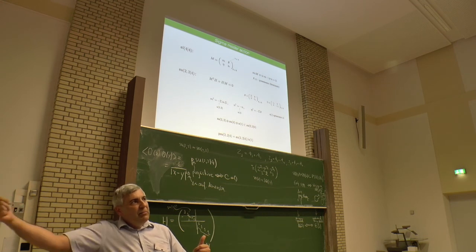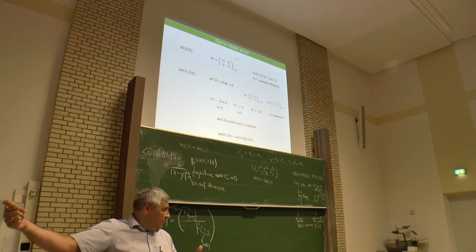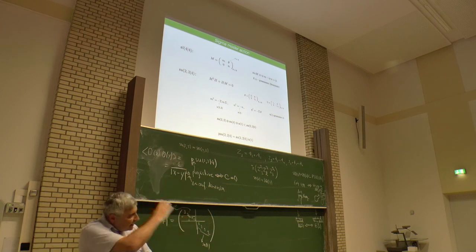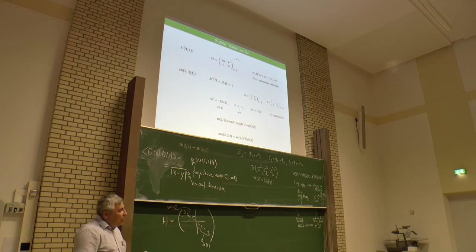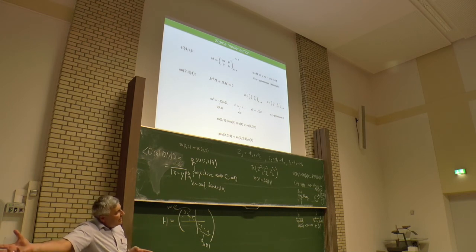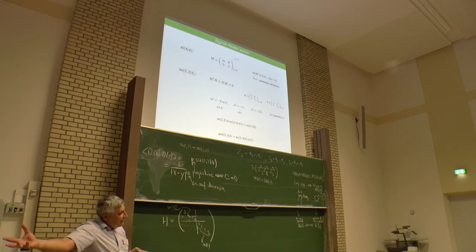So identity will be generated back because of this extra fermionic block. Even if you start from matrices which have no identity on the diagonal, but which have fermionic blocks, upon commutation of such matrices this identity appears back as a result of commuting fermions.